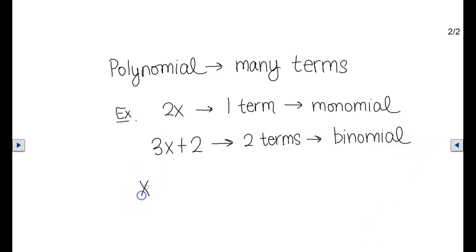If I had x squared minus 5x plus 7. When I look at my minus and plus sign there, I notice they connect 3 things. So this is 3 terms, which I could call a trinomial.